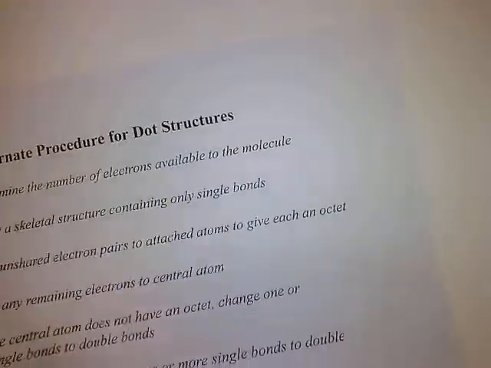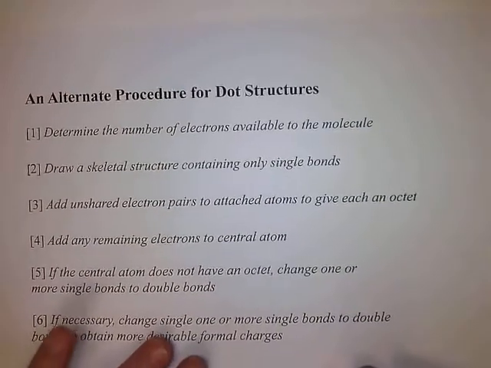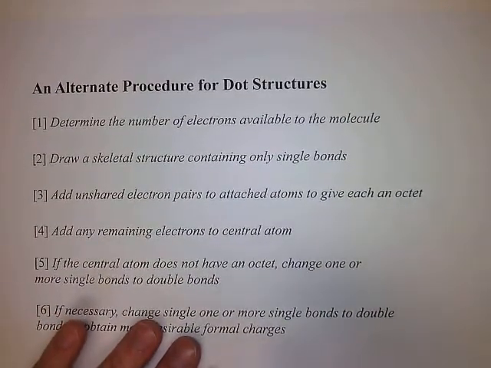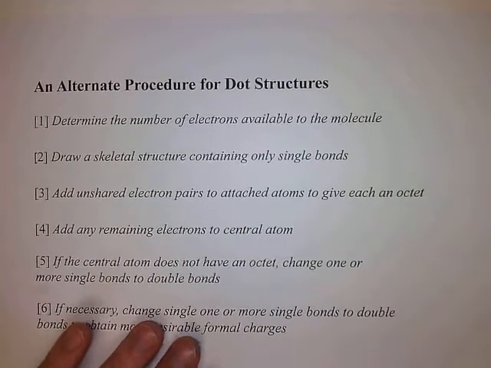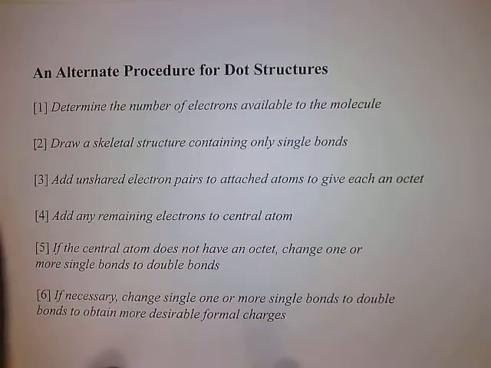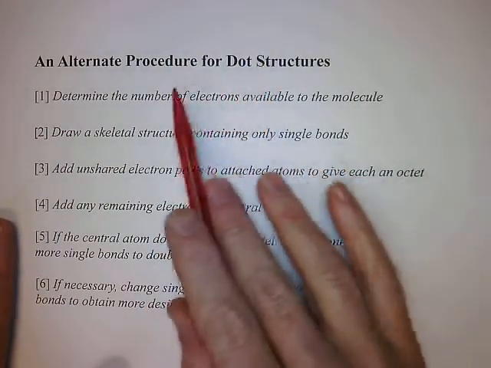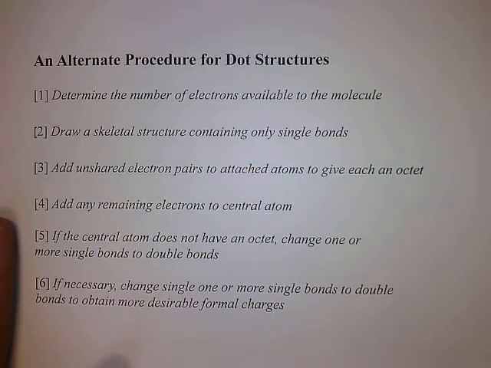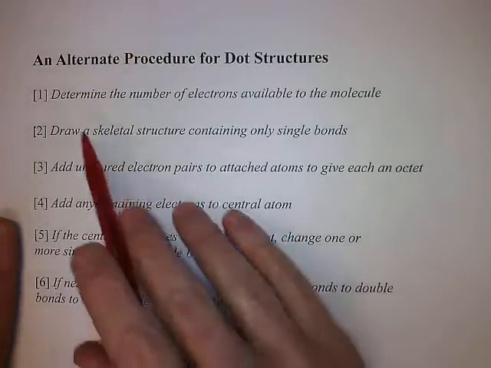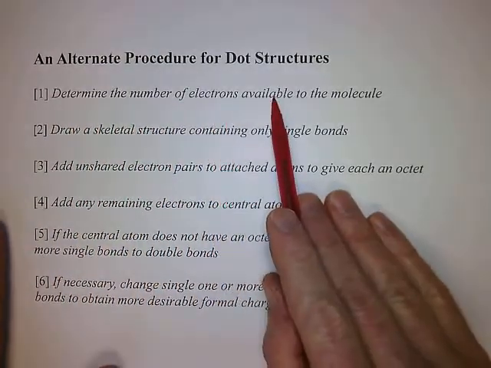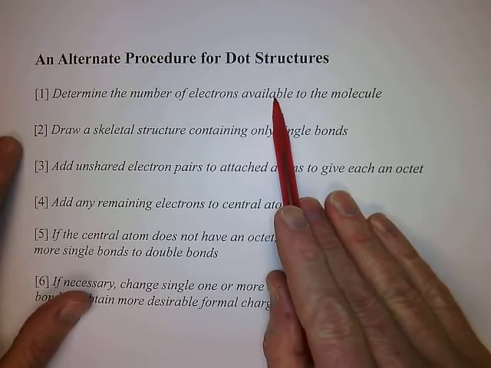Now that formula is useful because it will let you figure out the number of bonds for compounds that follow the octet rule. For other compounds, we need an alternate procedure. So, first thing we're going to do, some of this is going to look familiar. First thing we're going to do is determine the number of electrons available to the molecule.